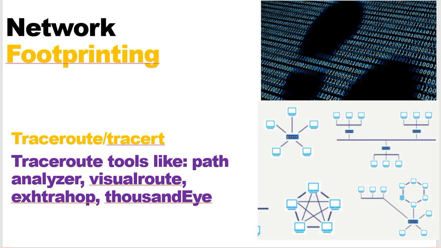The purpose is the same. The traceroute program works on the concept of the ICMP protocol, like the ping utility I discussed in my previous video. It is based on ICMP and the TTL field value that is set in the IP header. Traceroute uses the ICMP protocol and the TTL field of the IP header to find the path.